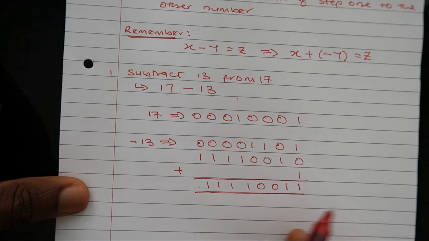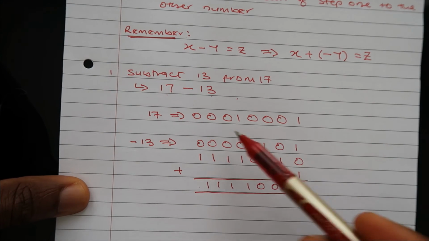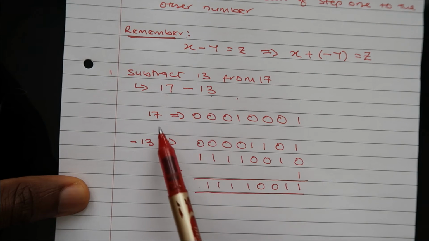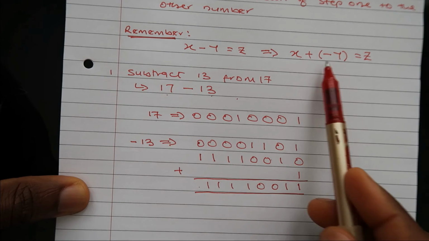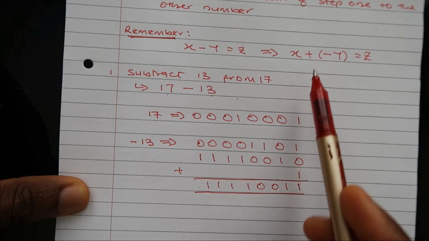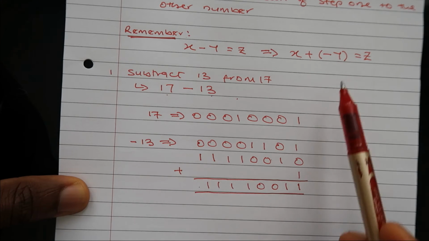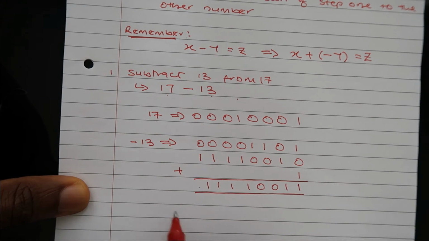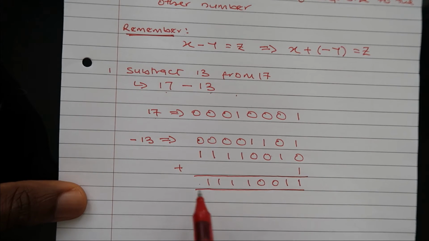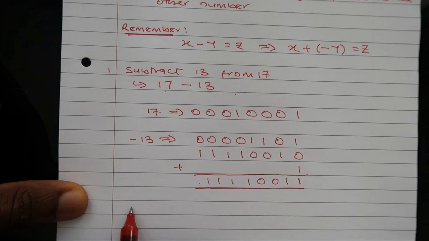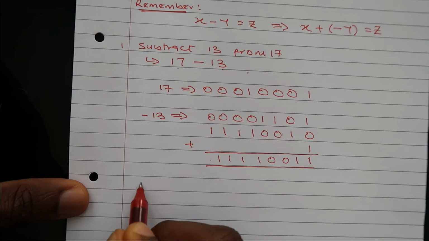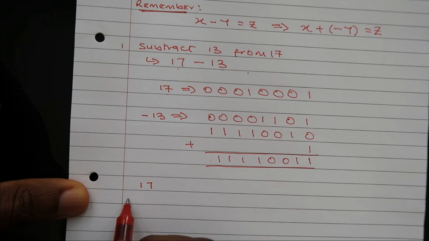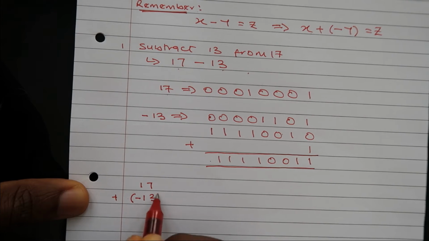And remember, like we said, we have x, which is 17, plus minus y, which is minus 13. So technically what I'm about to do here is say 17 plus minus 13.